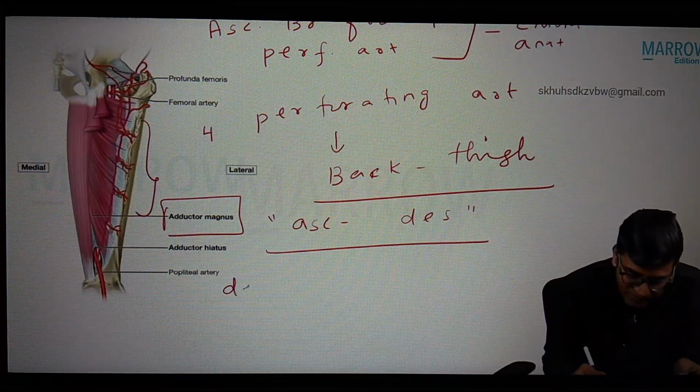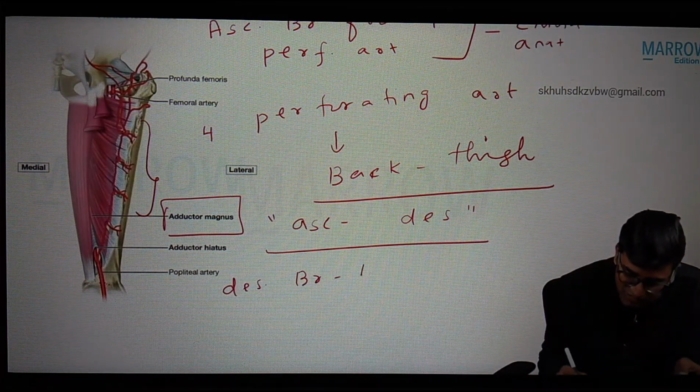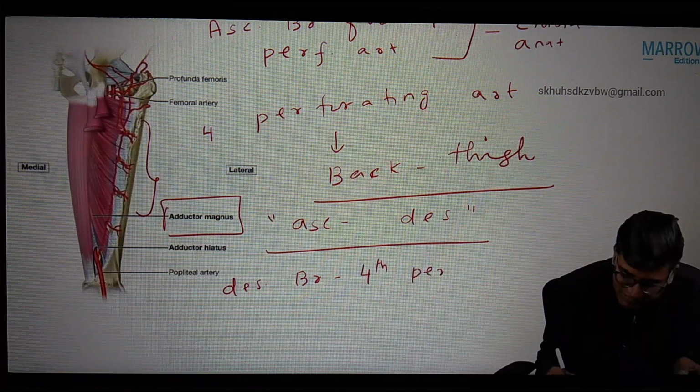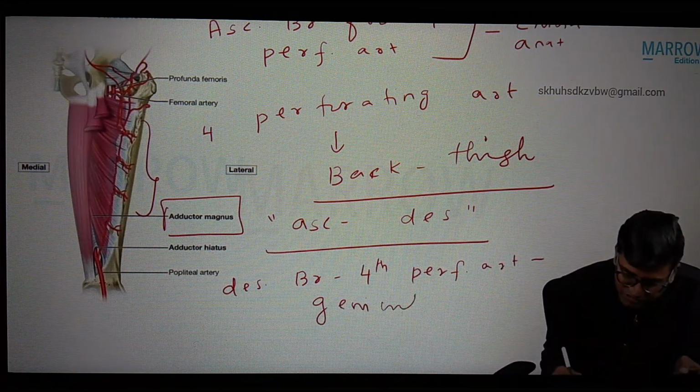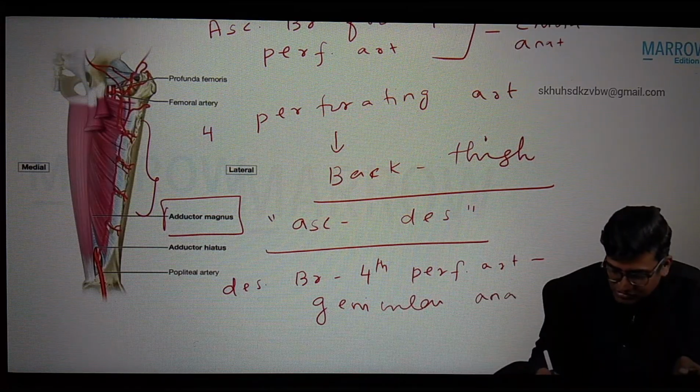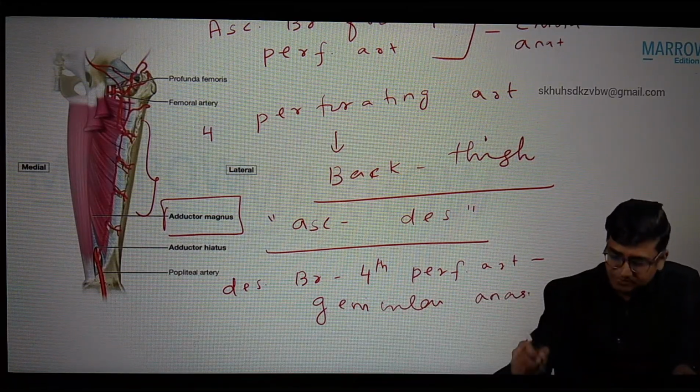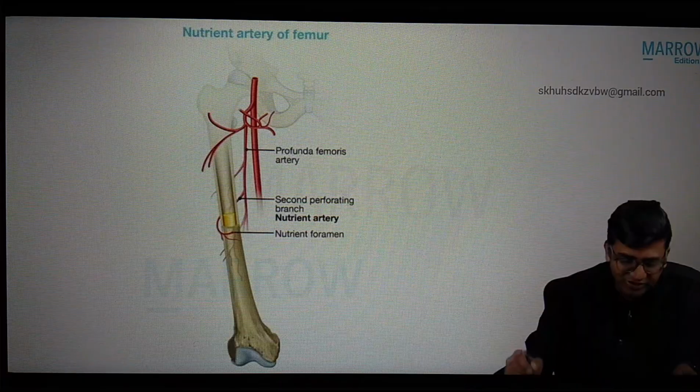And the last one, the descending branch from the fourth perforating artery, takes part in the genicular anastomosis. Okay. Now, I told you we have 4 perforating arteries.